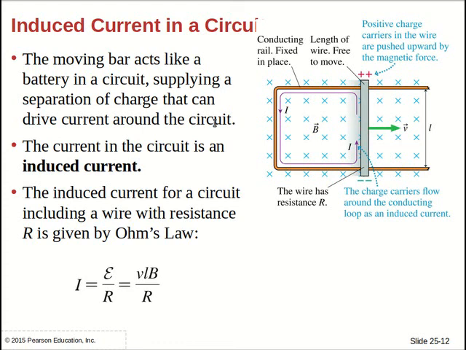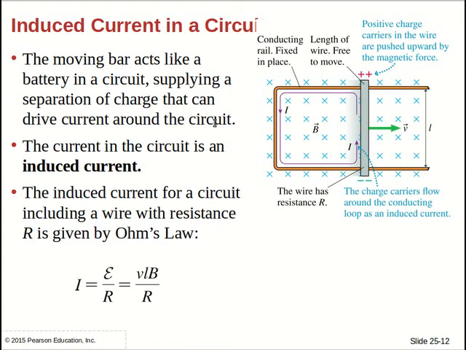That induced current that results from the moving bar in the magnetic field is the type of current that exists when we have this kind of conversion. In this particular case, we're turning the energy of motion into the energy of an electric circuit.